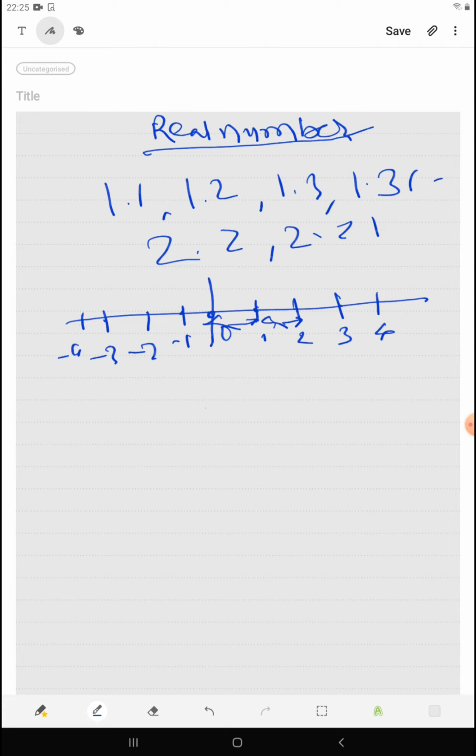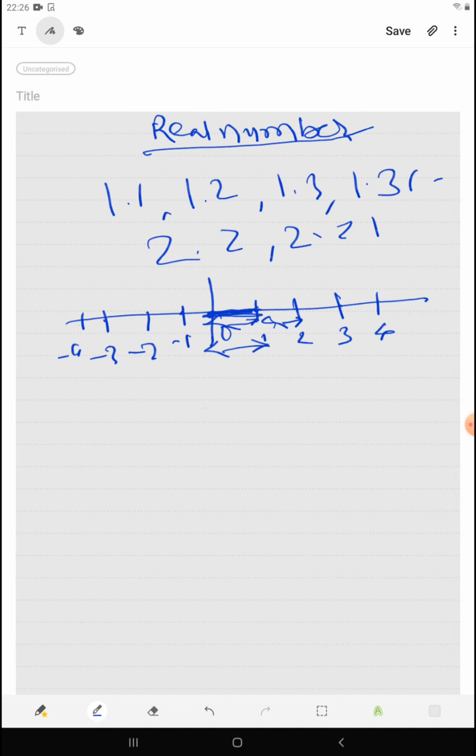To draw real numbers between 0 and 1, we give this as a straight line. We can represent it like this. Between 0 and 1, we have infinite real numbers.